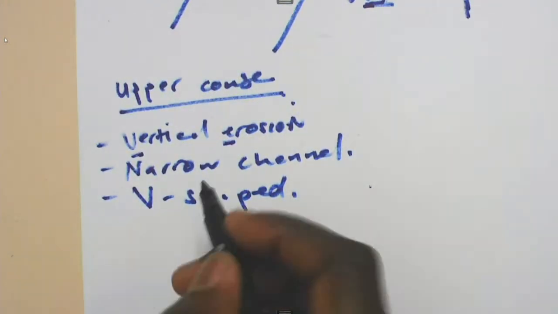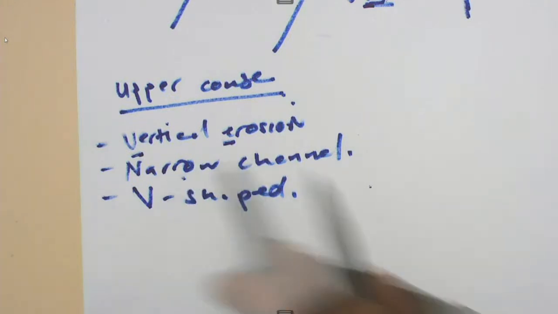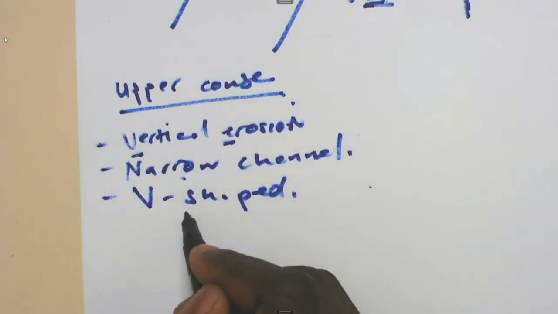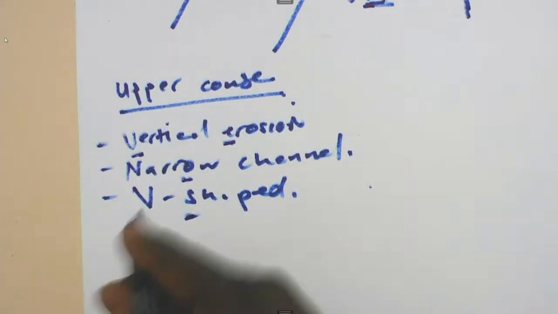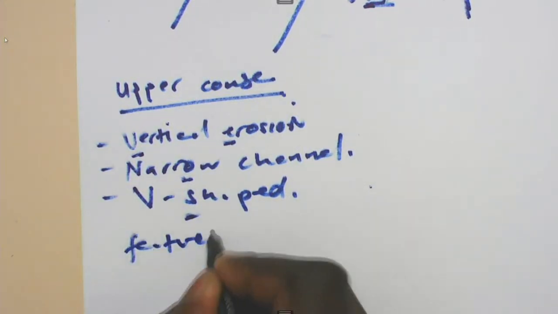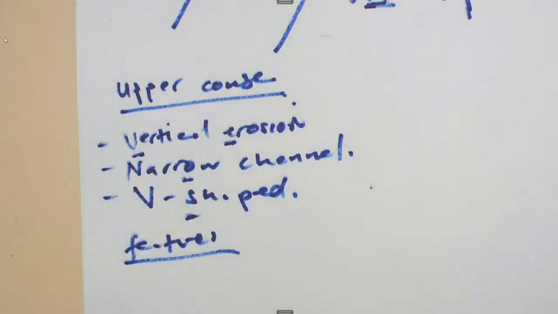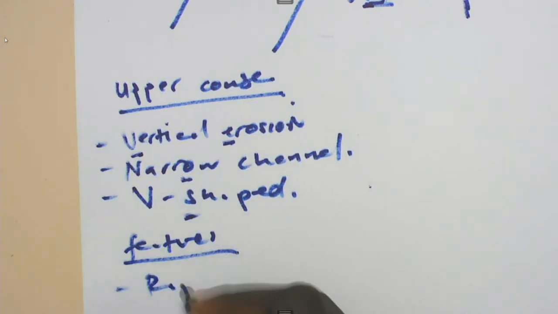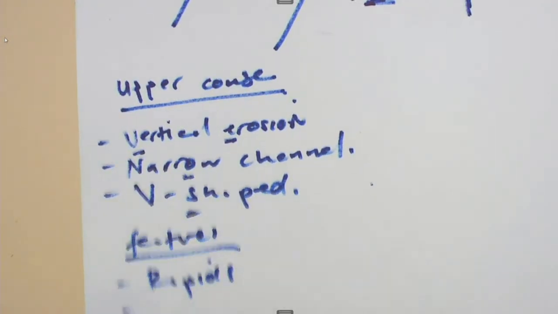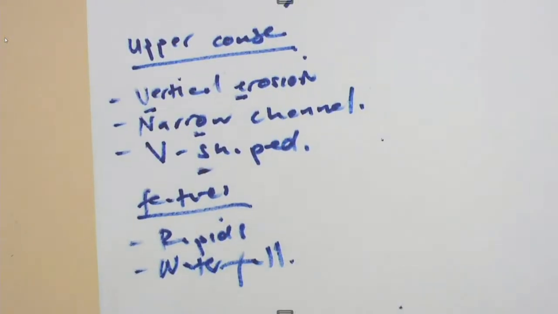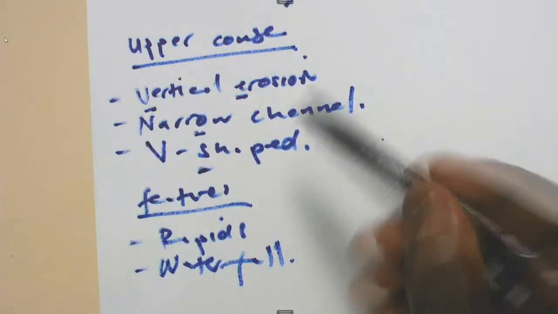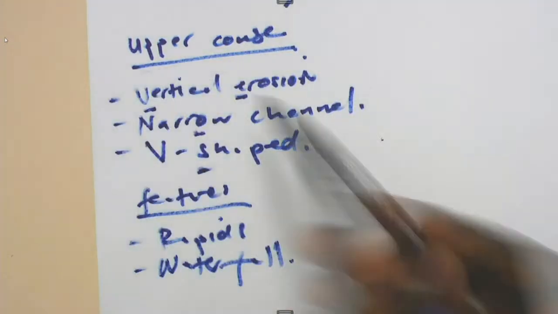So the channel of the river there will be narrow, and the shape of that particular channel will be V-shaped. And then the features that are formed here will be rapids and also what? And also waterfall over here. So these are some of the things that will take place at an upper course.